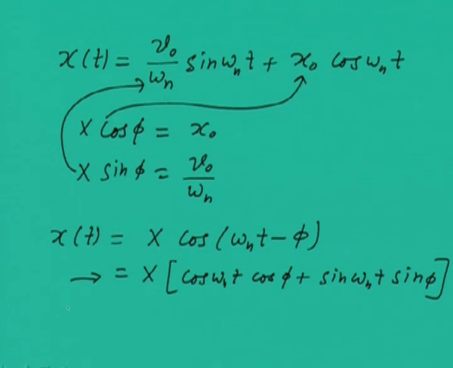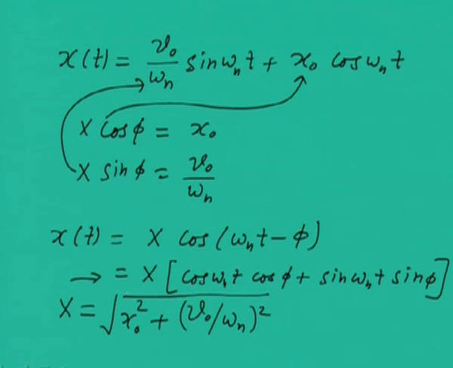and here X is given as the square root of x naught square plus v naught divided by omega n squared, and phi as tan inverse of the initial velocity divided by omega n times the initial displacement.